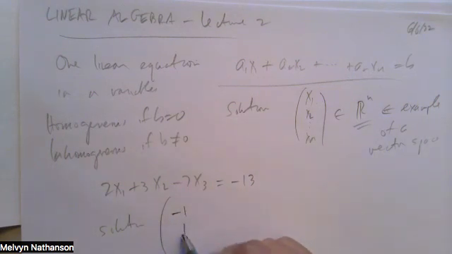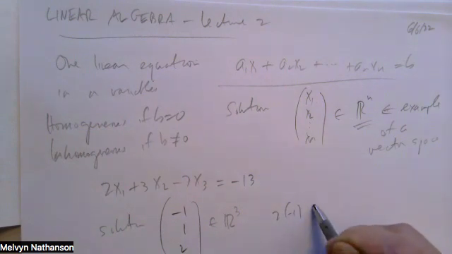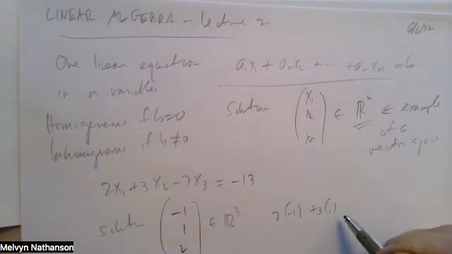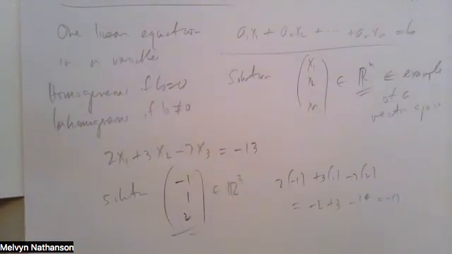Minus 1, 1, 2, I think, is a solution in R3, because 2 times minus 1 plus 3 times 1 minus 7 times 2 is minus 2 plus 3 minus 14, which is minus 13. So that's an example of a solution.